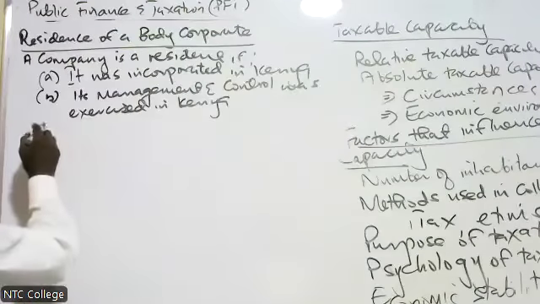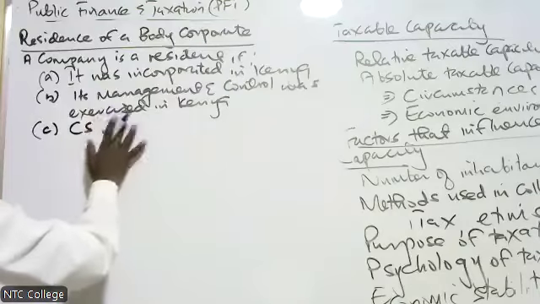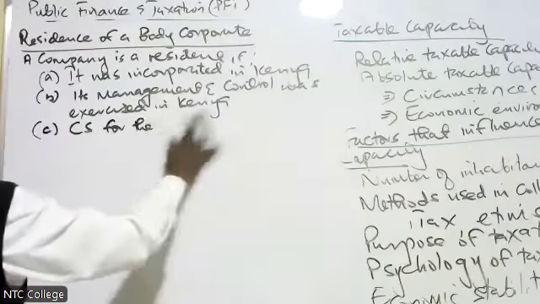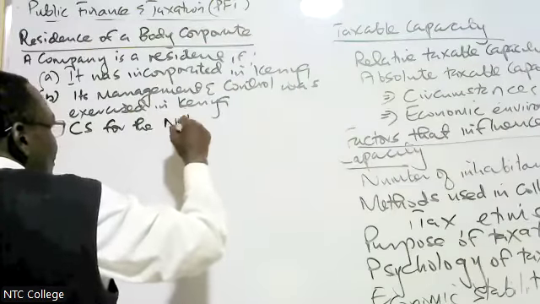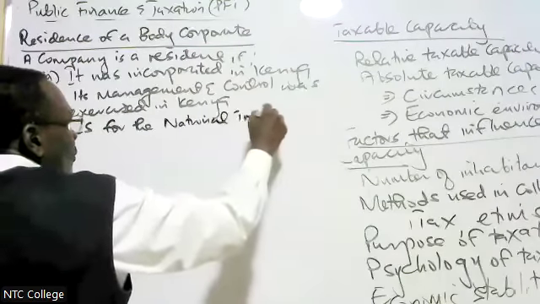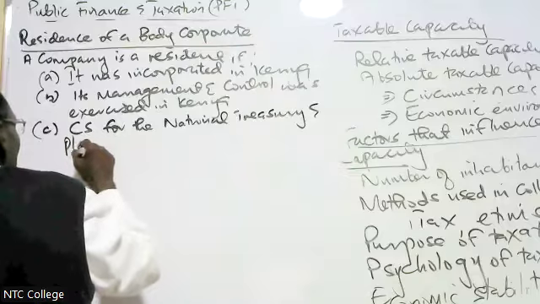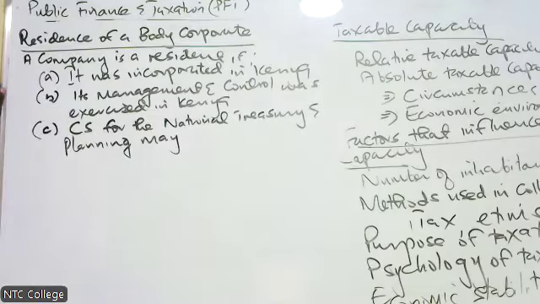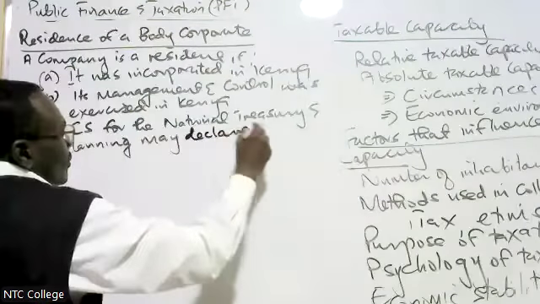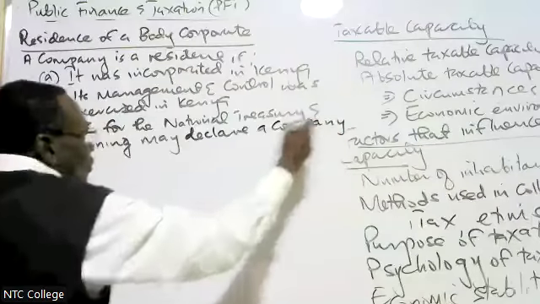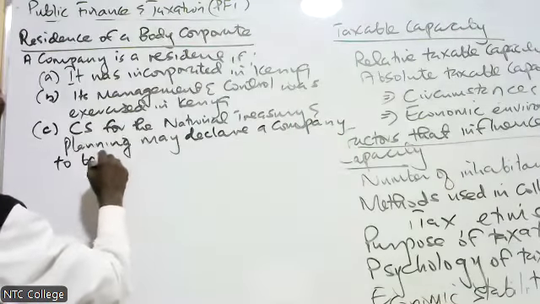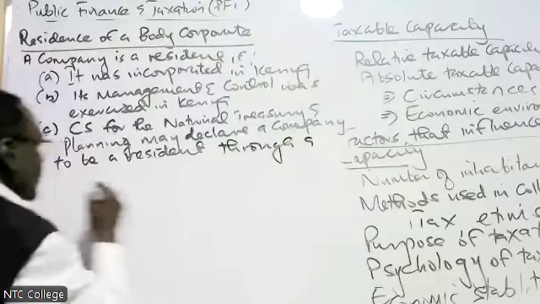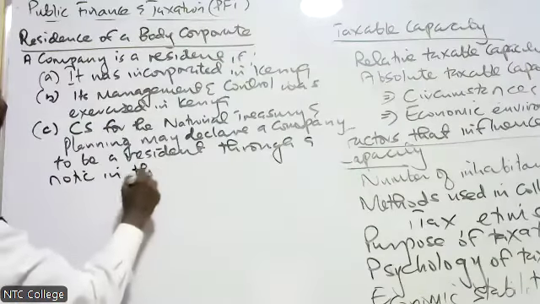And thirdly, the CS or the ministry. So the CS for the National Treasury and Planning may declare a company to be a resident, by notice in the Kenya Gazette.